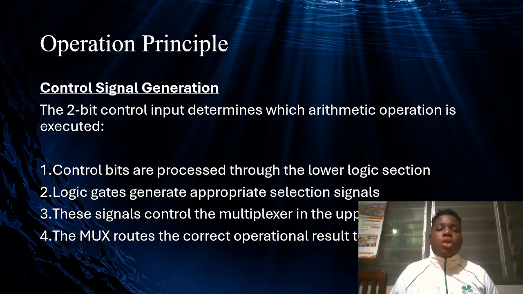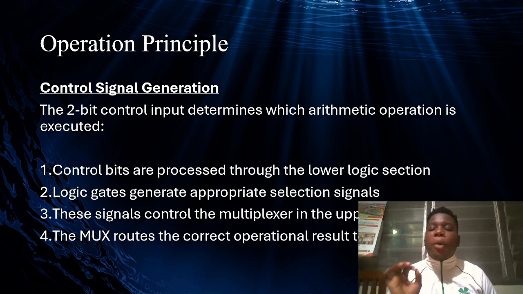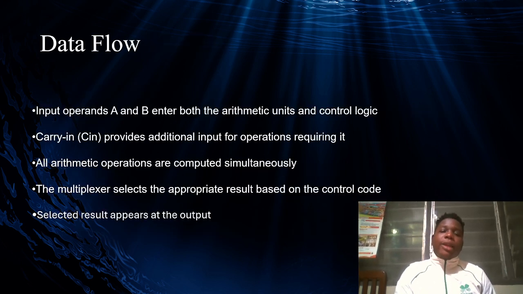These signals control the multiplexer in the upper section. Okay, and 4. The multiplexer routes the correct operational result to the output. Is that clear?